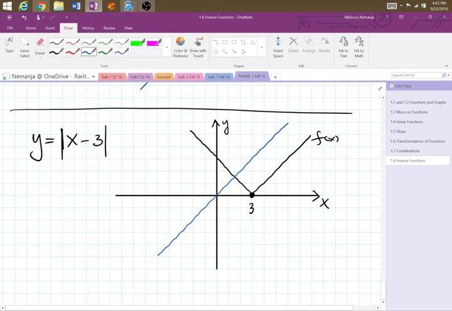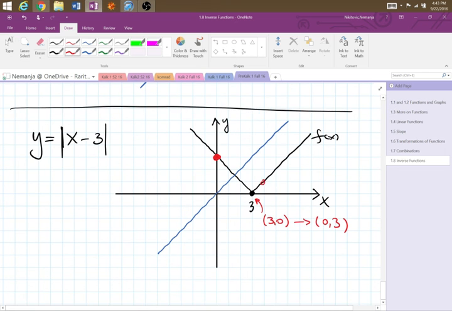So, let's think about this. This point here has the coordinates 3, 0. When you swap x and y, it becomes 0, 3, so it moves over here. This point here is 4, 1.